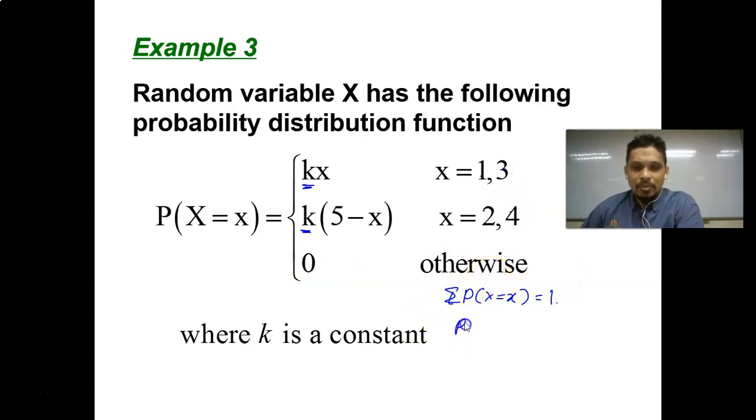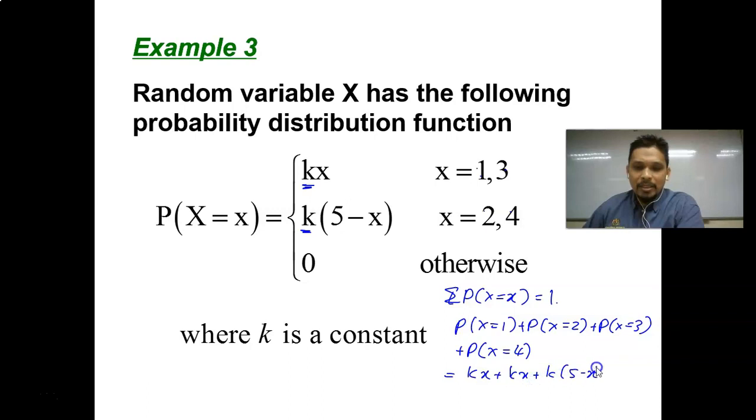Then we come up with probability of x equal to 1 plus probability of x equal to 2 plus probability of x equal to 3 plus probability of x equal to 4. So then it is kx plus kx plus k(5 minus x) plus k(5 minus x), which is equal to 1 here.